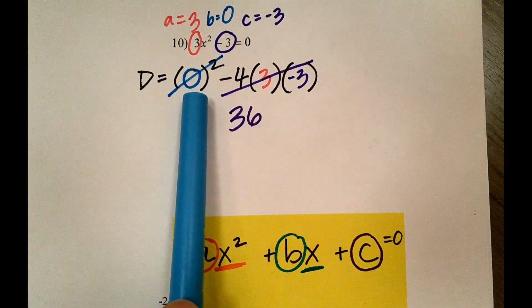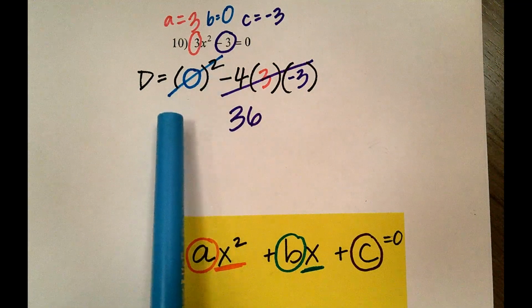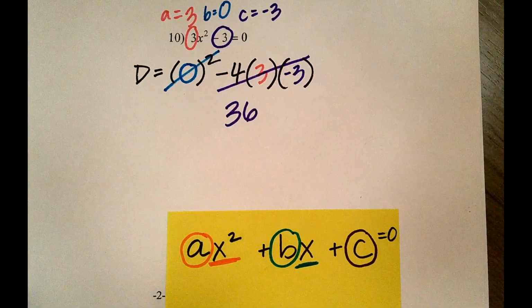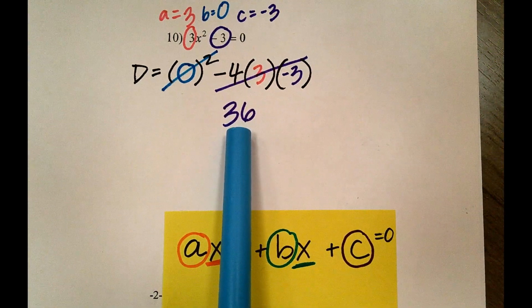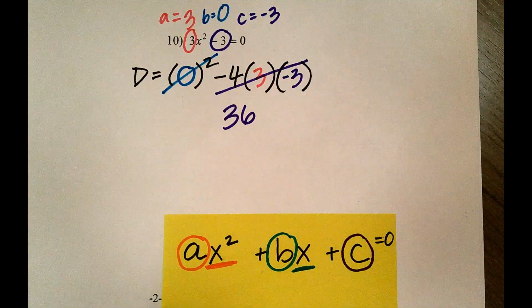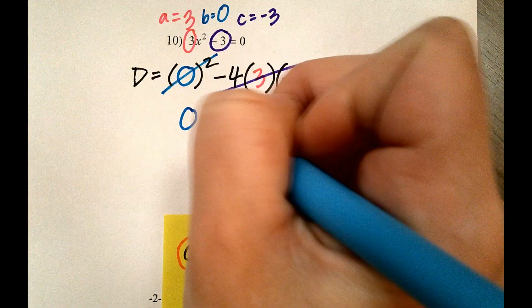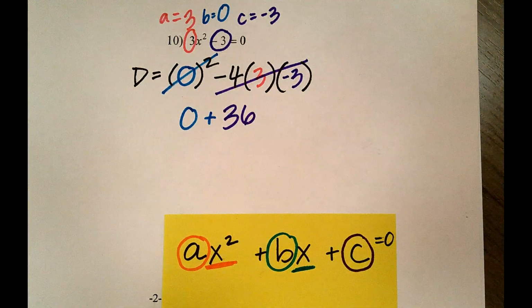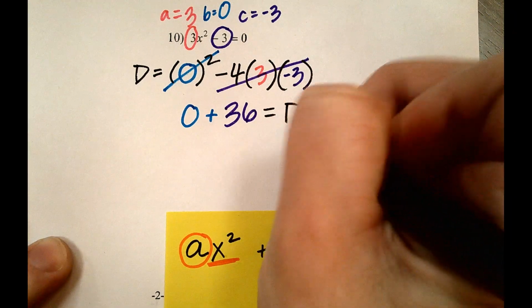And because this was 0 squared, I'm not adding or subtracting anything. This is my discriminant. I'm done. It is, because if I were to bring down, I would have 0 plus 36. And what's that? 36. It doesn't change it. So our discriminant is 36.